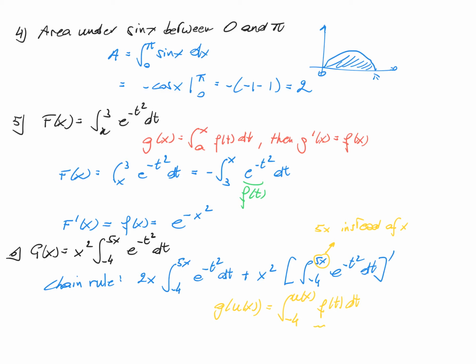If we then want to find the derivative, we again have to use the chain rule. So the derivative d dx of g of u of x is the derivative with respect to u, d du of g, times the derivative with respect to x of u of x. So we have to derive g with respect to u times the derivative of u with respect to x.